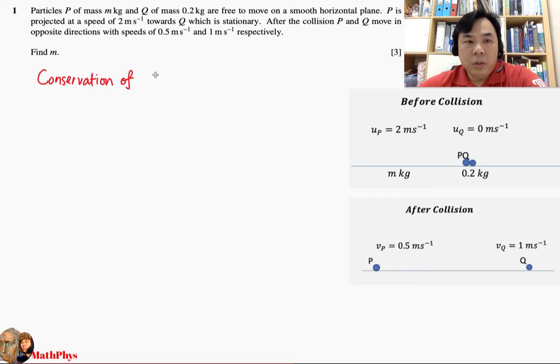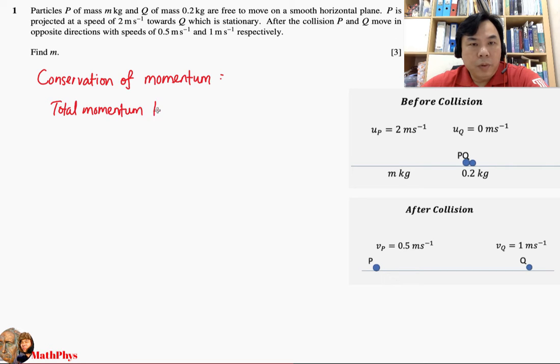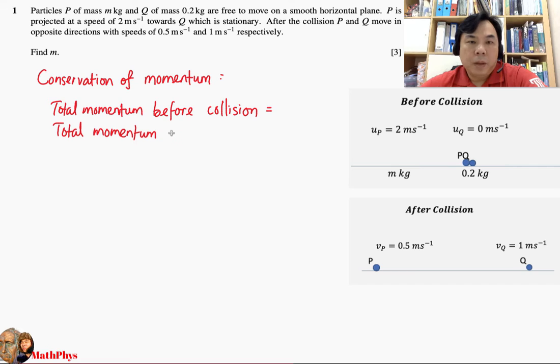The concept that we're going to use is conservation of momentum, which states that the total momentum before collision must be the same as the total momentum after collision. Let's look at how we calculate the total momentum before.